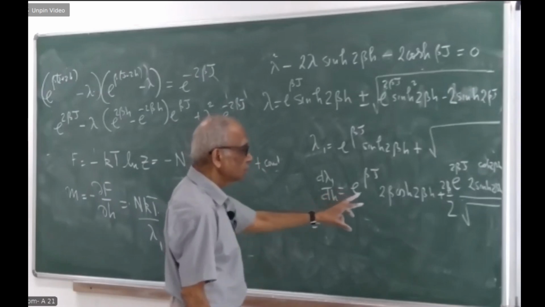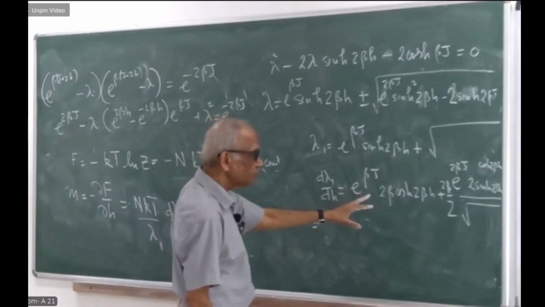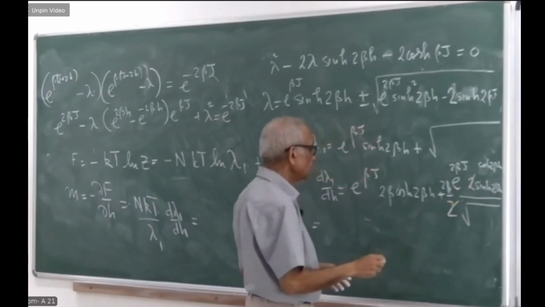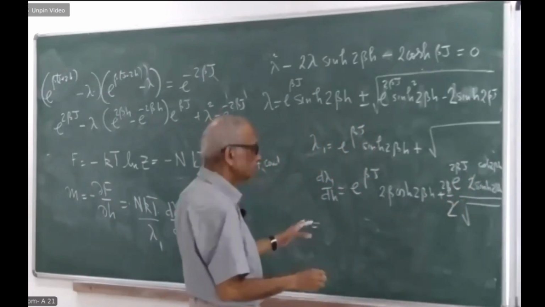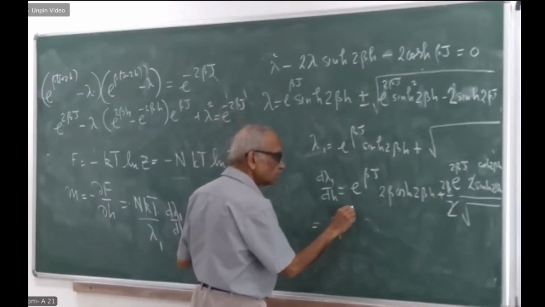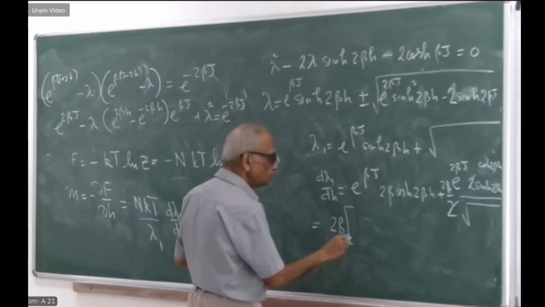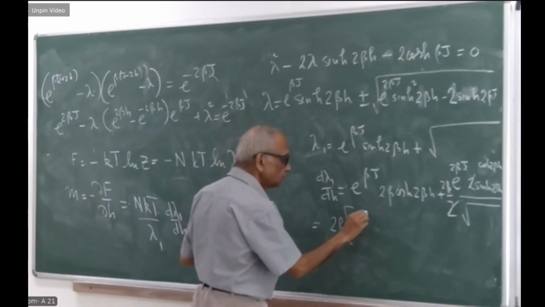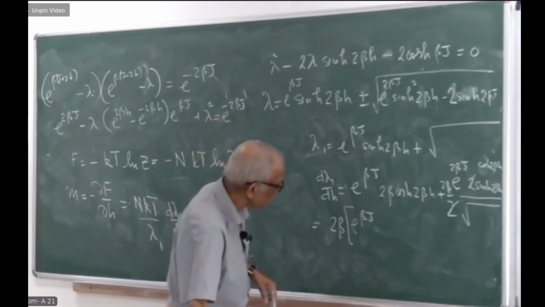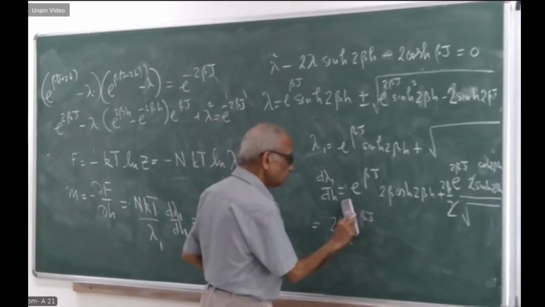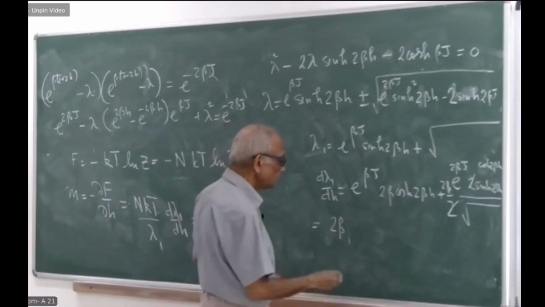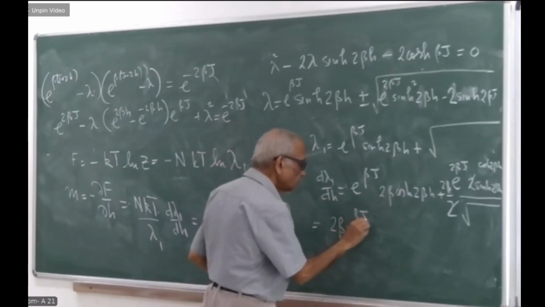So what factors out? The 2 cancels this 2 here, right? And the 2 beta factors out. Is that correct? 2 beta factors out, e to the power beta J factors out, right?